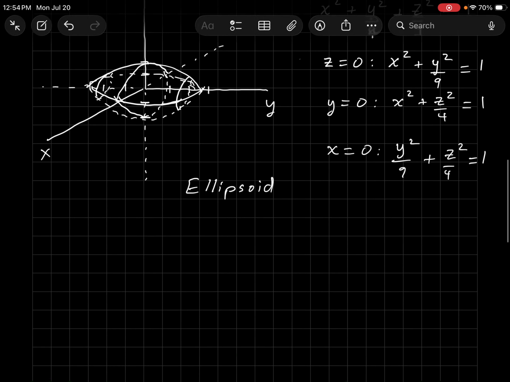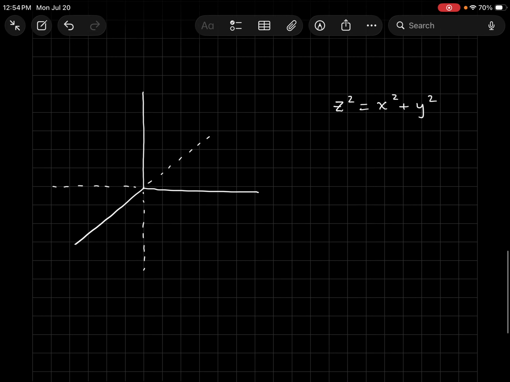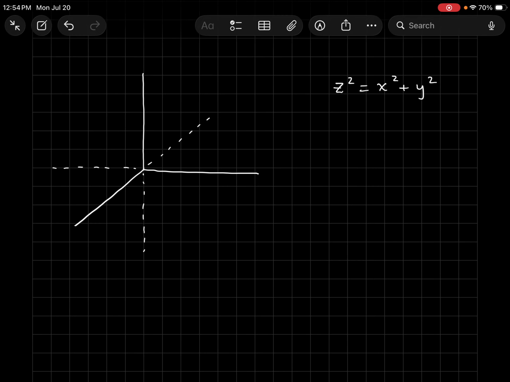I'm going to do a different type of trace on this next equation. Let's let z squared equal x squared plus y squared. Now what does that equal? So in this case, I'm going to find z for different values. Meaning if z equals 0, we get x squared plus y squared equals 0.